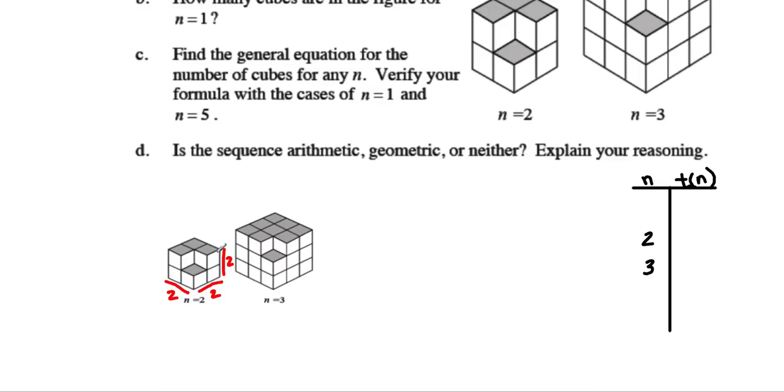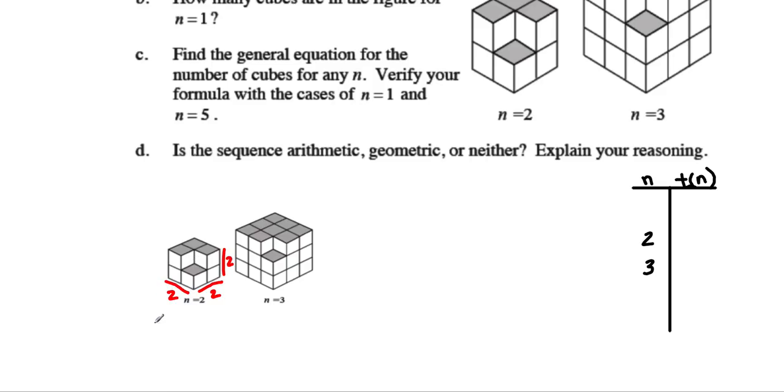If we were to think about it as complete, like this piece wasn't missing, we could come up with the volume. We'd have 2 by 2 by 2, which would give us 8 cubic units, but we're missing one.